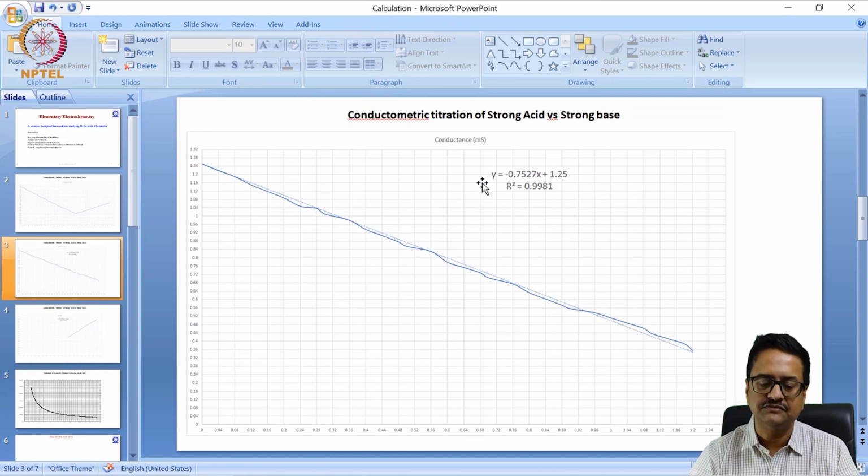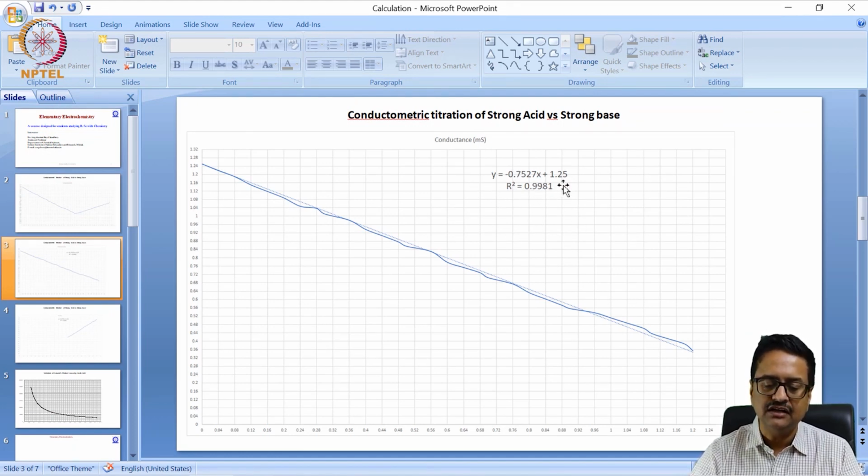That is the equation for a straight line, y = mx + c, where this c is the conductance value at 0 volume of NaOH, and the fit is reasonably good, 0.99 is the R squared value, so that indicates the fit is very good.